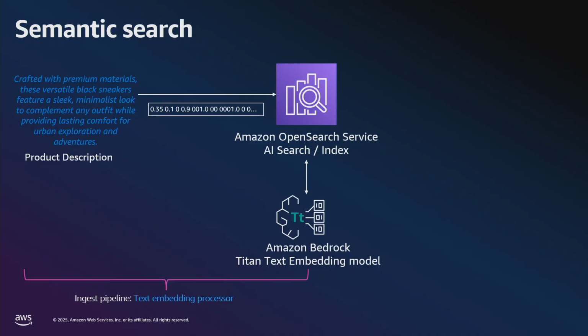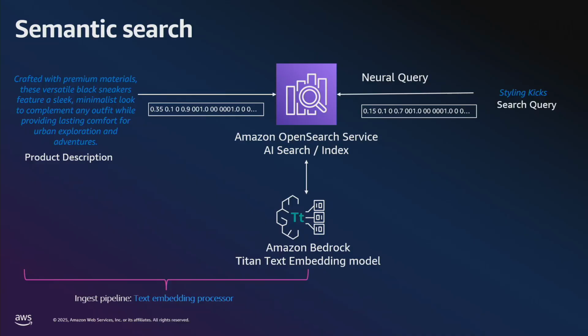This model generates dense vectors and stores them in OpenSearch. During search time, you can simply ask for styling kicks if you want to find sneakers, because it now generates the context of the query and performs the nearest neighbor search to find the best match for your query. This way, you can remove the need to perform the faceted search or categorical filtering you do traditionally.